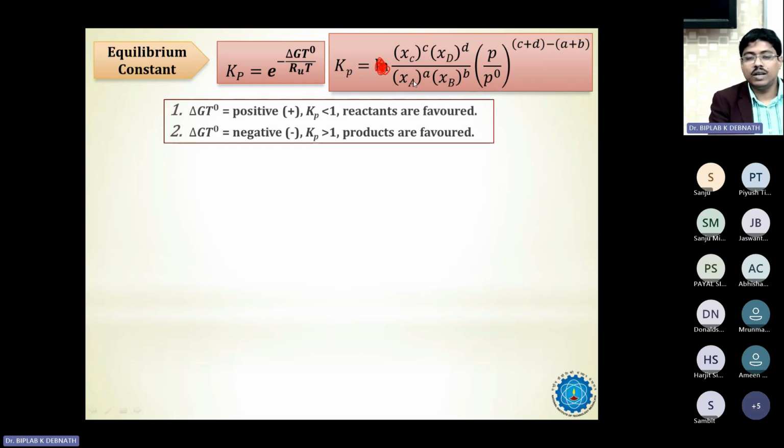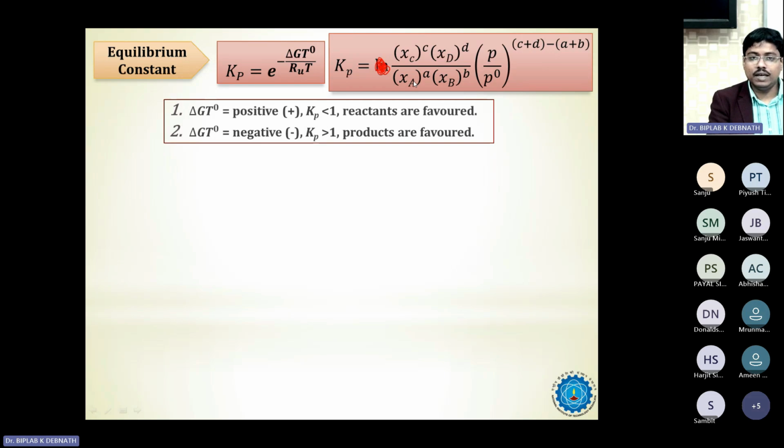As I told in the very beginning, a chemical reaction can occur in both directions, forward and reverse. But how will you understand whether the chemical reaction is moving in the forward direction or not? This is where you have to understand.